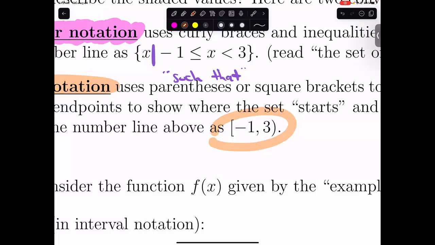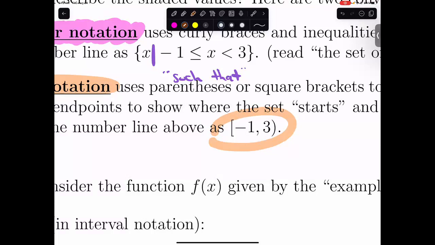The other thing is that we got to clarify what happens at the ends, right? One's equal to, the other's not. We do that with a square bracket or parentheses. So square bracket means included. You can also read that as closed. Parentheses means not included or excluded or open, right? That you get right up next to it, but don't actually reach that point.